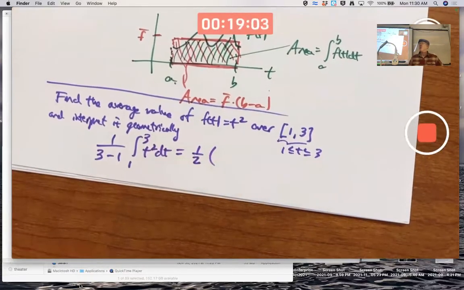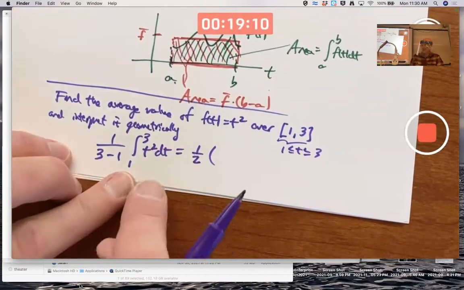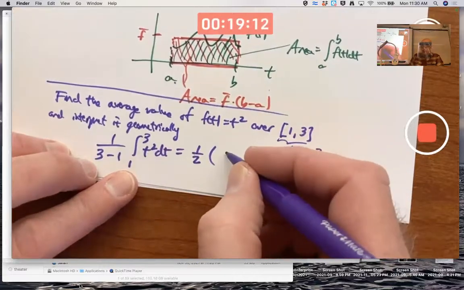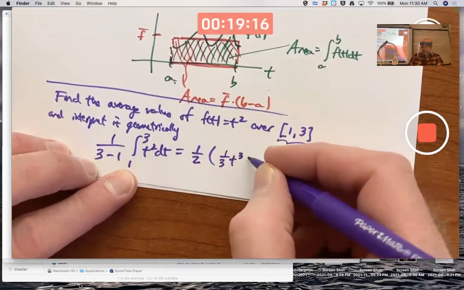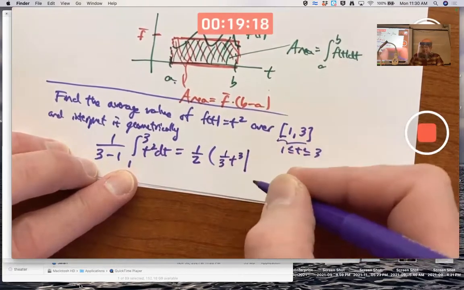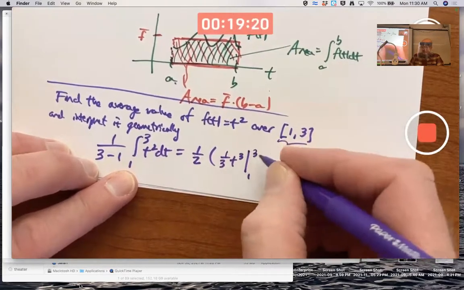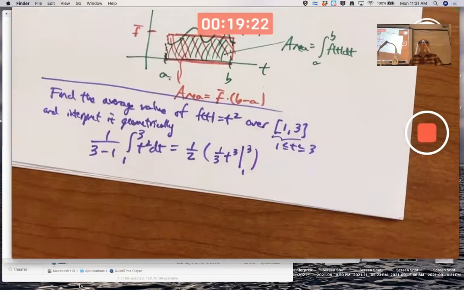One thing I haven't shown you yet is a little bit of notation here. It's a common thing to just go ahead and write an antiderivative here, 1/3 t cubed. And then to the right of the antiderivative, put a vertical line and put the limits of integration. And that's just shorthand notation.